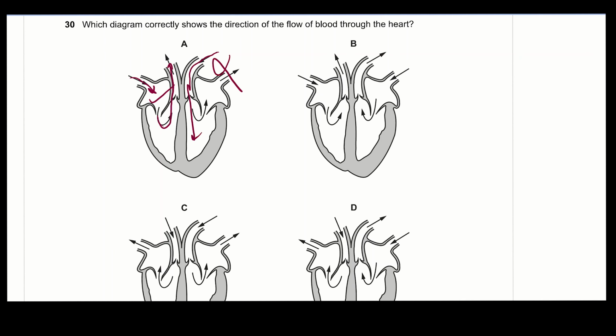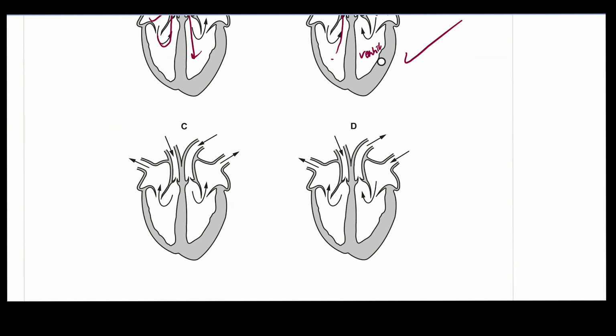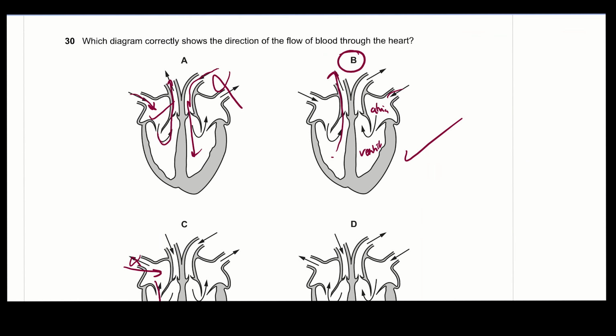For B, as we see here, blood is entering the atria, then the ventricle, then out, and here it's entering the atria and then the ventricle. So this is correct. The answer is going to be B. Let's see the rest. This is incorrect. This arrow is incorrect. It's supposed to enter through the atria, same as with D. So the answer is going to be B.